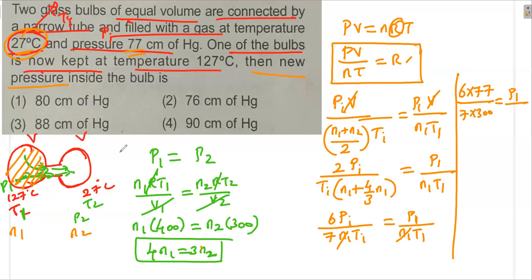What is T1? T1 is 400. So this cancels off. This is 11. And you see, even this I can cancel. This is 3 times, this is 2 times. So what I have is 22 into 4, which is 88. So P1 is 88 centimeters of mercury. So 88 centimeters of mercury.